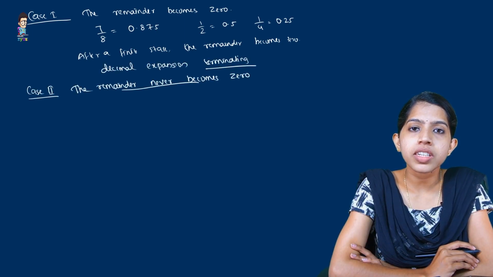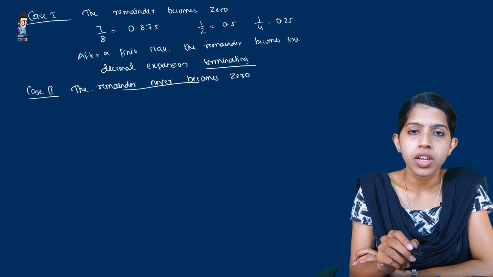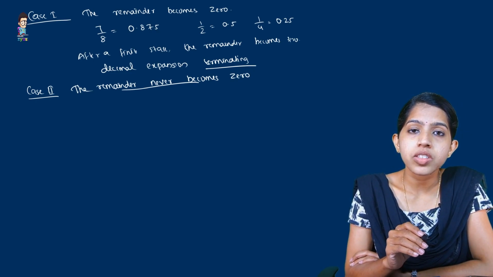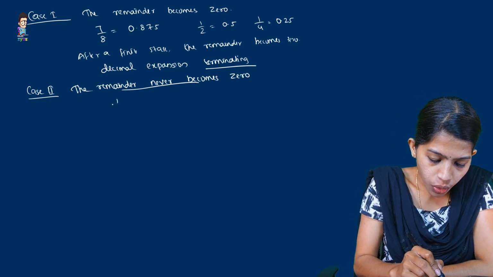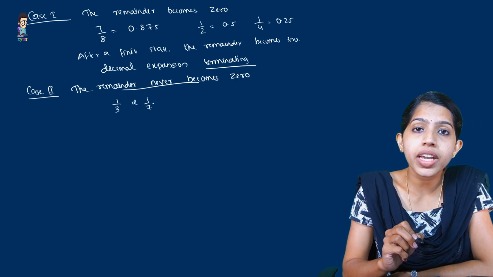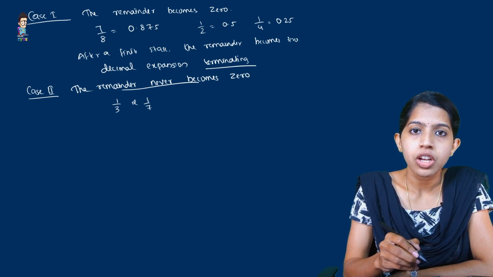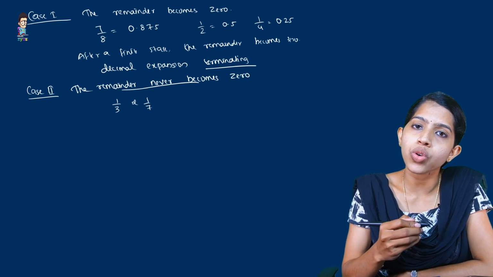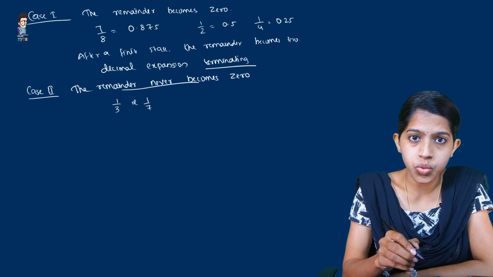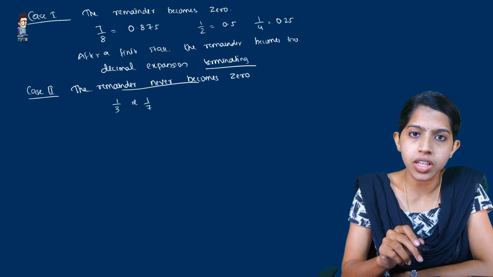Now, consider the second case, that is, the remainder never becomes 0. Consider the decimal expansions of the numbers 1 by 3 and 1 by 7. Here, we can notice that there exists a repeating set of remainders which force the decimal expansion to go on forever. In other words, we get a repeating string of entries in the quotient.